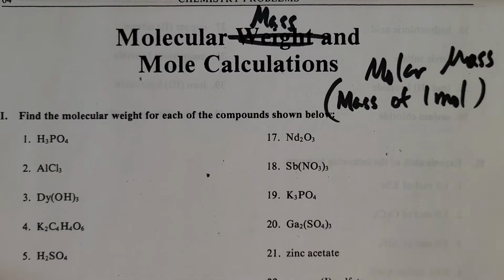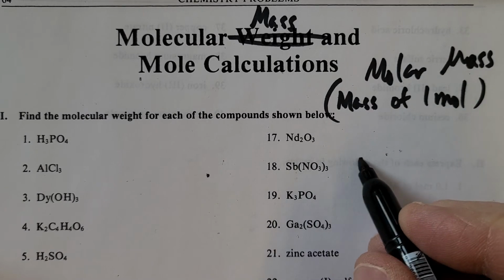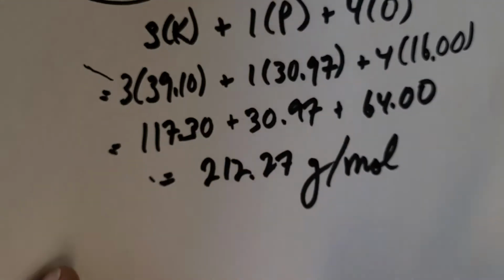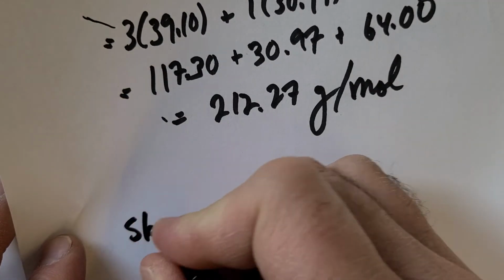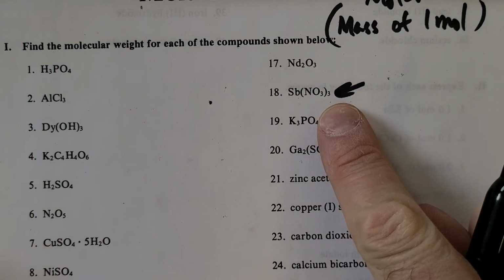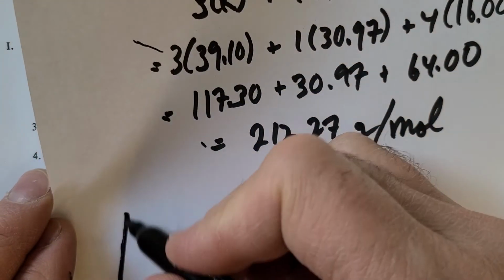If I look at another one here, let's see here, how about antimony nitrate? So Sb(NO3)3, and that's all 3. So I figure out the big molar mass of that. So I need to look these up.